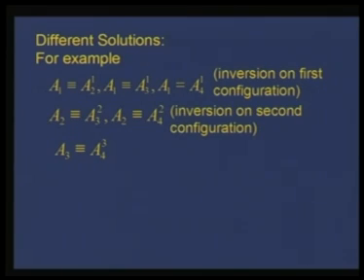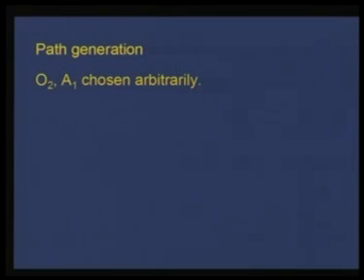Now we shall discuss this 4 position synthesis for a path generation problem. Previously, if you remember, we chose O2, O4 and A1 arbitrarily for 3 position synthesis. Of course, for 4 position synthesis, I cannot choose O4 arbitrarily because B1 was located at the center of the circle passing through 3 inverted positions of O4.